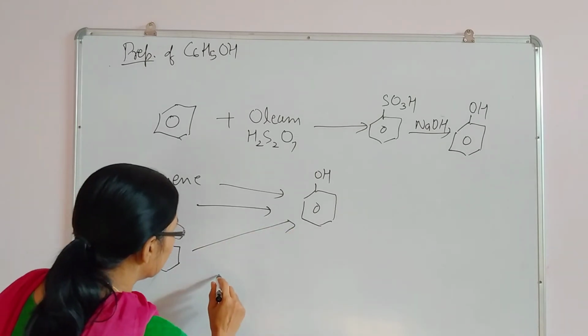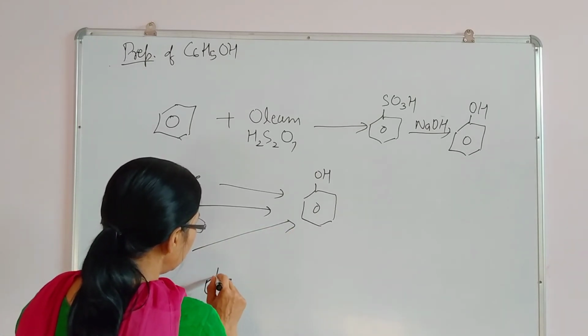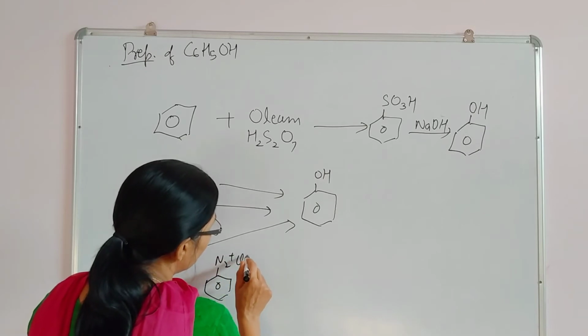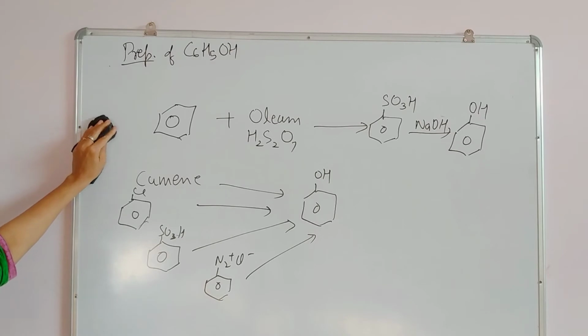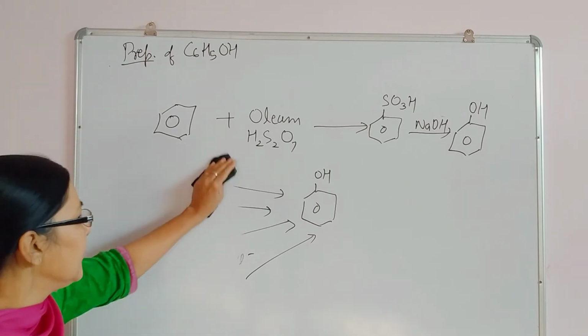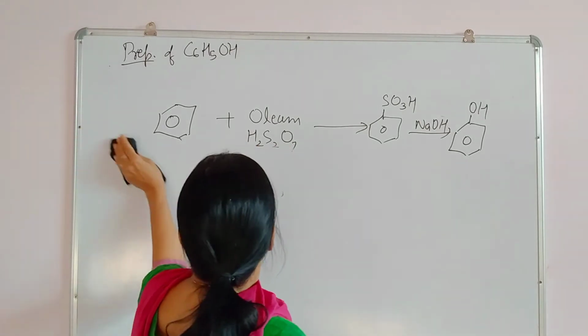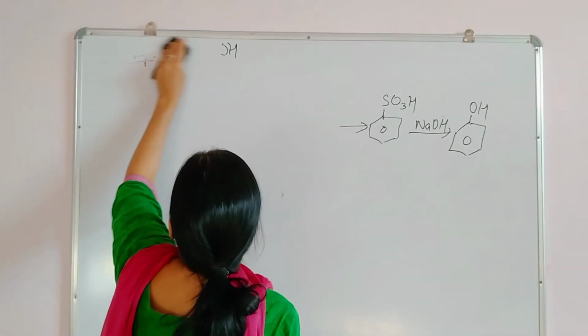Okay, and fourth one was with N2+ and Cl-. These are the various preparation methods of formation of phenol. Now properties.